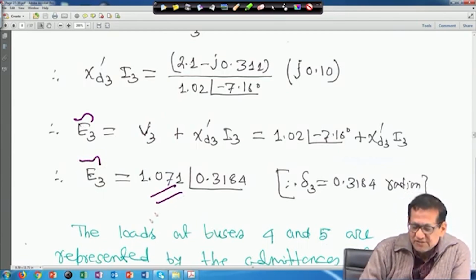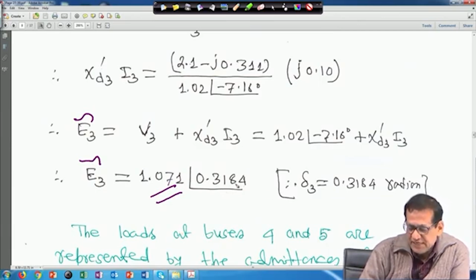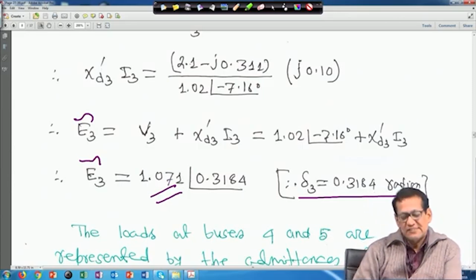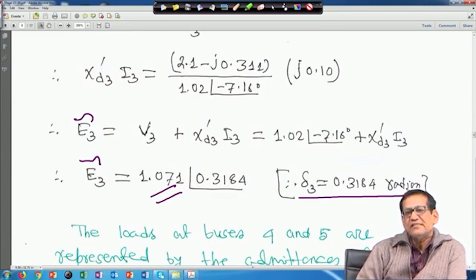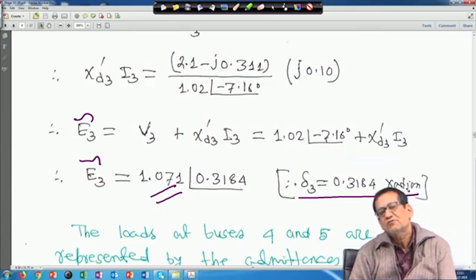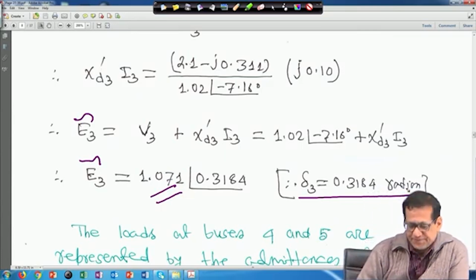So, it is 1.071 after simplifying, angle 0.3184 radian, because delta 3 is given in radian. So, E1, E2 and E3 you can easily compute if you know the current injections and the other parameters, and of course the pre-fault load flow solution must be known to you, then only you can compute all this.